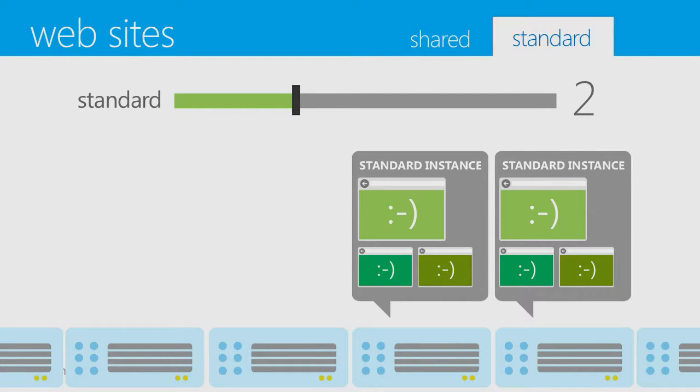This gives you more control and visibility into website performance, since only your own sites will affect each other, and you can look at them all via the Azure Management Portal. When you choose to put multiple standard instance websites into a shared virtual machine, you can still scale up with a simple slider in the Azure portal. All of your websites will be able to access and use new virtual machines as they're added.